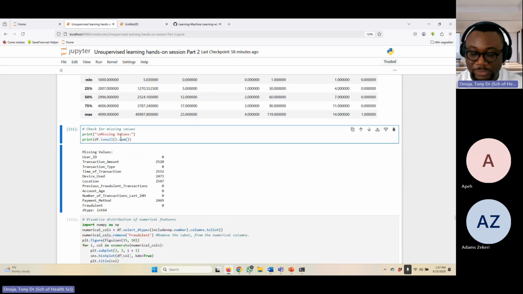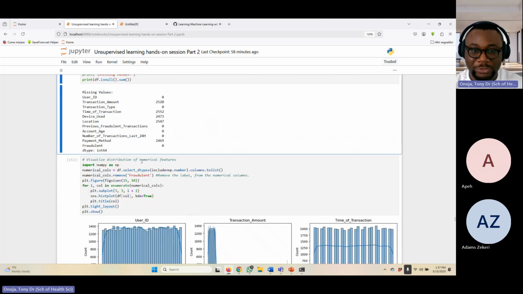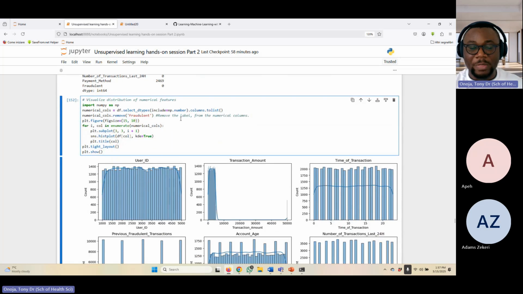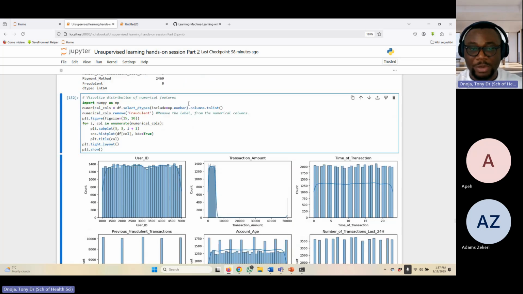Then the next thing you do is perform some missing value evaluation to know how the data is. You could see there is a missing value in the transaction amount. There is also a missing value in the time of transaction, the device used, and the location as well. And there is also a missing value in the payment method. Then the next thing we needed to do is visualize the variables.